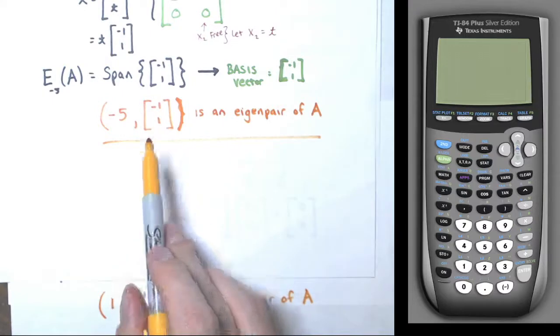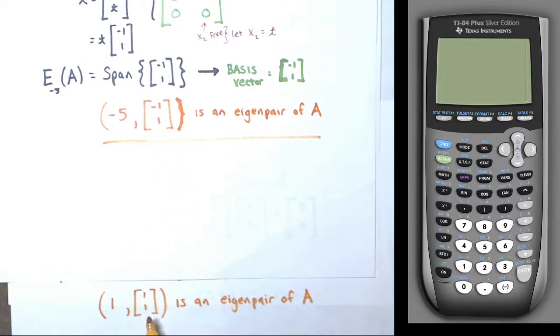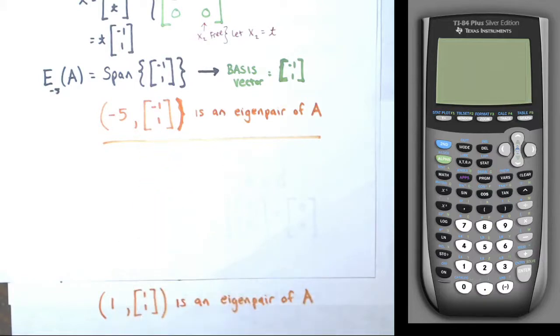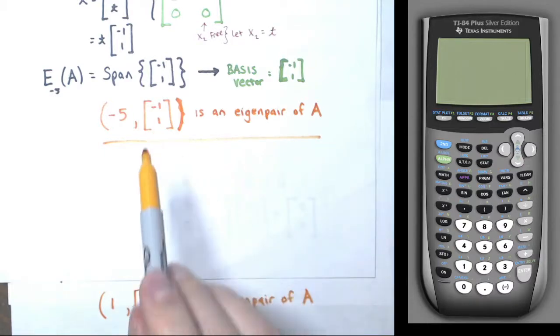Remember, the basis vectors for distinct eigenvalues are going to be independent. I've mentioned that result before, though I didn't go over a proof. So 1, 1 and negative 1, 1 are independent. I have taken this 2 by 2 matrix, and I have found 2 independent eigenvectors, negative 1, 1, and 1, 1.